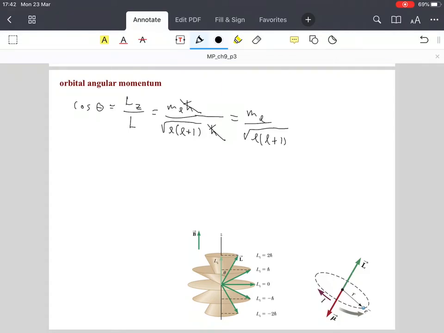All right, and in fact, what's shown in that diagram is for the little l equal to 2 case. So if we think more about what angular momentum is, we have this idea of a circle that the electron is orbiting around, and using the right-hand rule, if you curl your fingers in the direction of motion, then your thumb points up along the angular momentum vector.